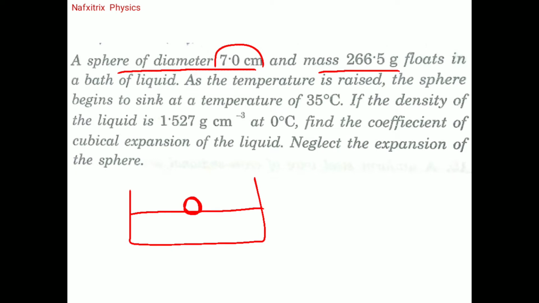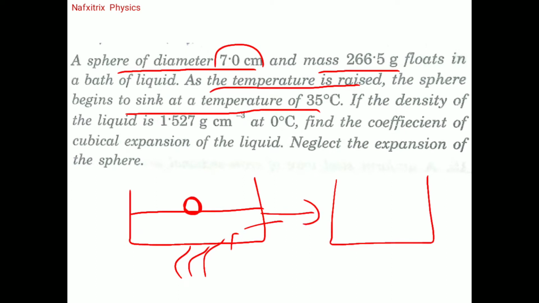The next thing is, as the temperature is raised, the sphere begins to sink at a temperature of 35 degrees centigrade. So as we are raising the temperature of this liquid, when we heat it to 35 degrees centigrade, the sphere, which was initially floating, tends to sink down.